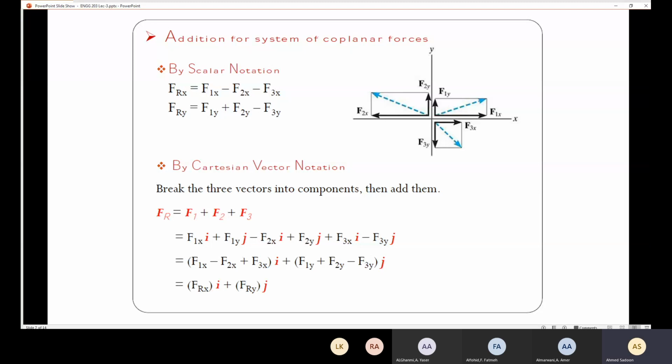If you are going to use the scalar notation, after you decompose into x and into y, Frx is going to equal F1x minus F2x minus F3x. And regarding the Fry, we are going to have F1y, F2y minus F3y.